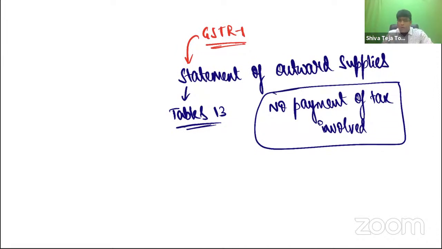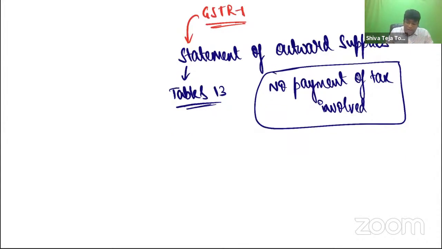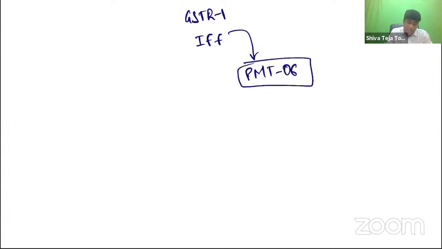Of course, one new concept has come up, which is nothing but the QRMP scheme, quarterly return, monthly payment. What is that? That also we'll talk in detail. But first, I will spend some good time with you on the complete story of GSTR1. Then I'll also talk about the IFF, invoice furnishing facility, and in the invoice furnishing facility, what is the significance of PMT 06?